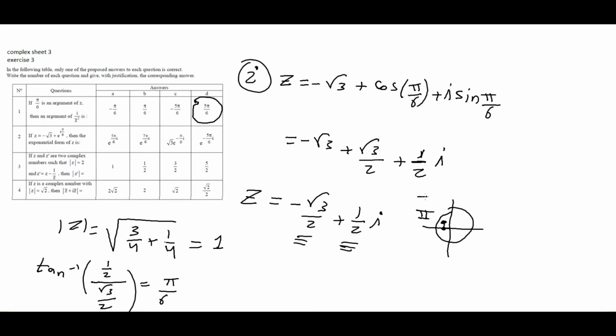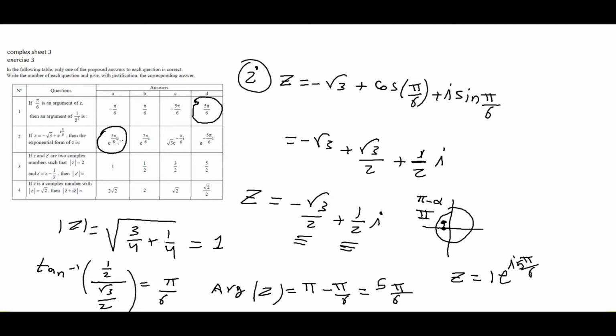And then the angle is pi minus alpha, so the argument of z equals pi minus pi over 6, and it's equal to 5 pi over 6. So z equals at the end 1 times e^(i 5 pi over 6), and the answer is A, e^(i 5 pi over 6).